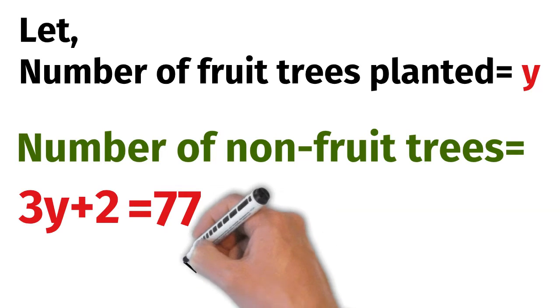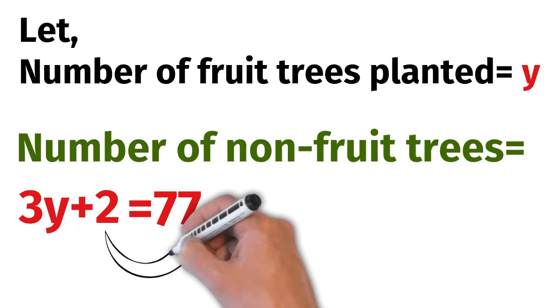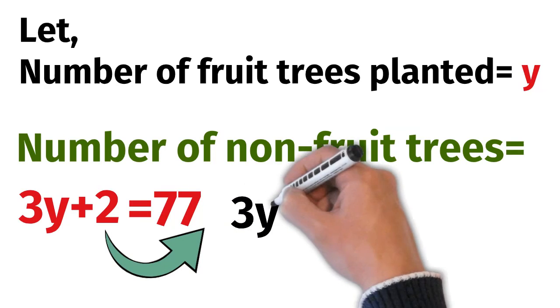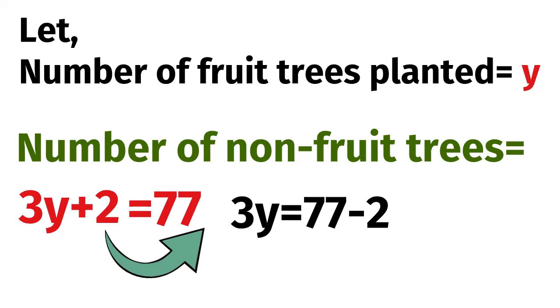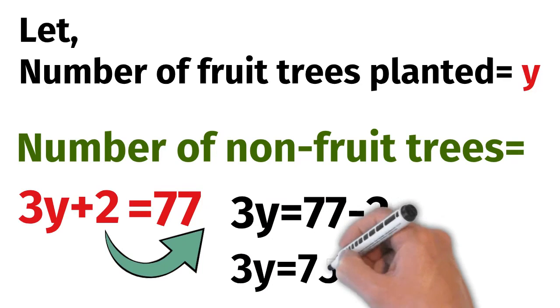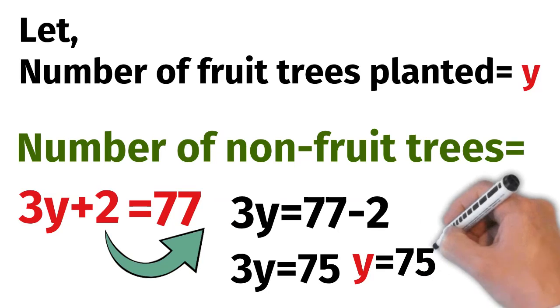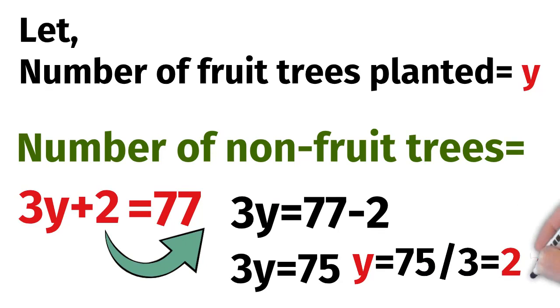Transposing 2 in equation 3y + 2 = 77, we get 3y = 77 - 2, or 3y = 75. Dividing both sides by 3, we get y = 75/3 = 25. This is the number of fruit trees and this is the answer.